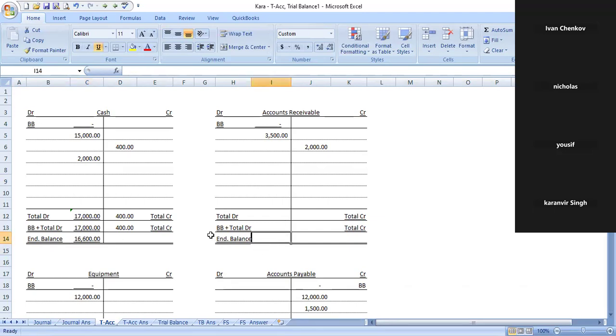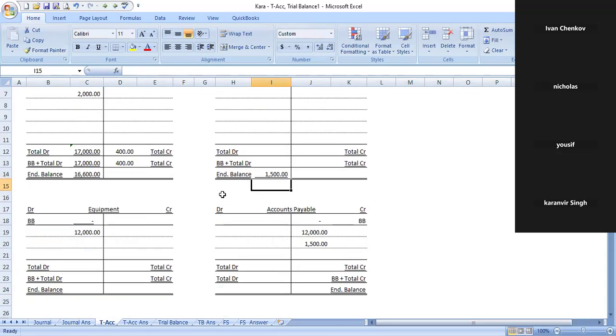On the other accounts, I'm going to go with the shortcut. The shortcut is to get the beginning balance plus, since we have only one debit, the debit, minus the credit. It's going to give you the ending balance. For the equipment, same idea: beginning balance plus 12,000.